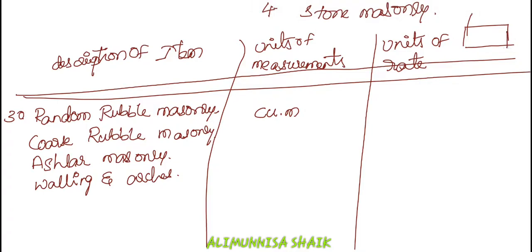As you can see, if this is the shape of your stone, it will be somewhat like this, with a length, breadth and depth, L, B and D. It will have all three dimensions, so we generally consider all this in cubic meters. Unit of measurement for your stone masonry will be in cubic meters.